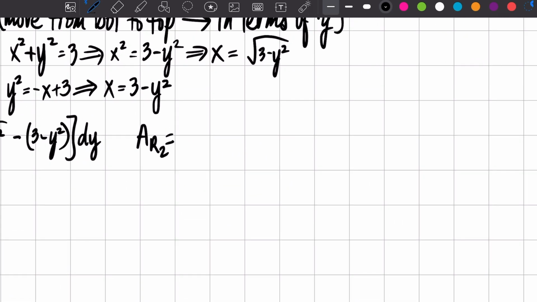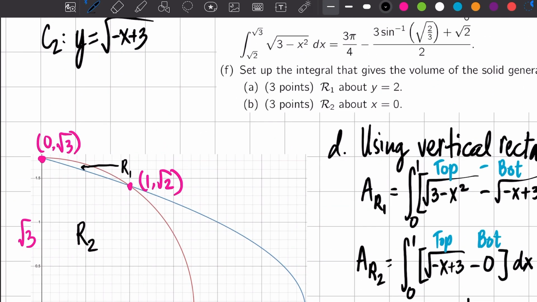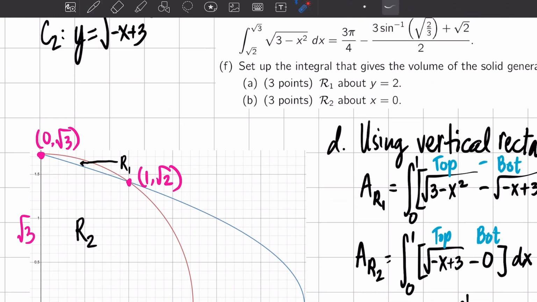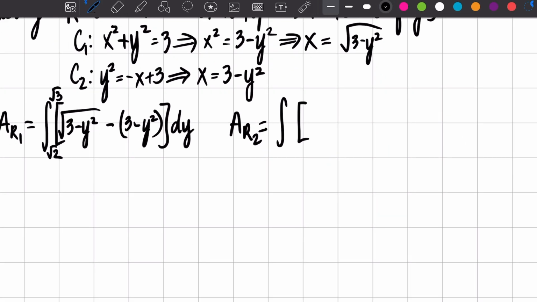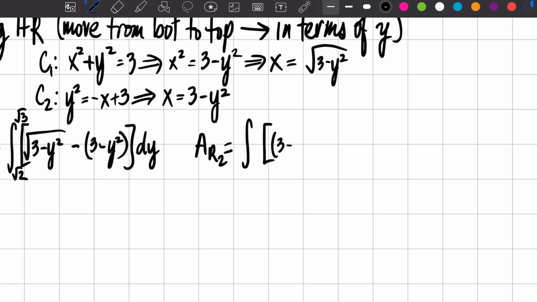So let's do the setup. That's the integral of the one here. So we start from the blue curve until x equals 0. So that's 3 minus y squared minus 0. So that's the right minus left.